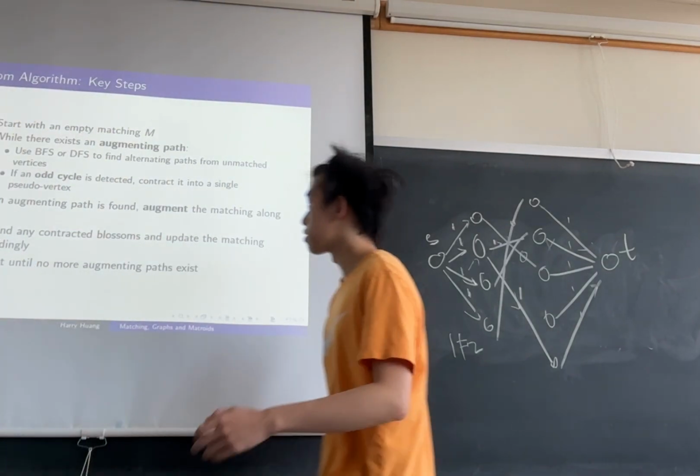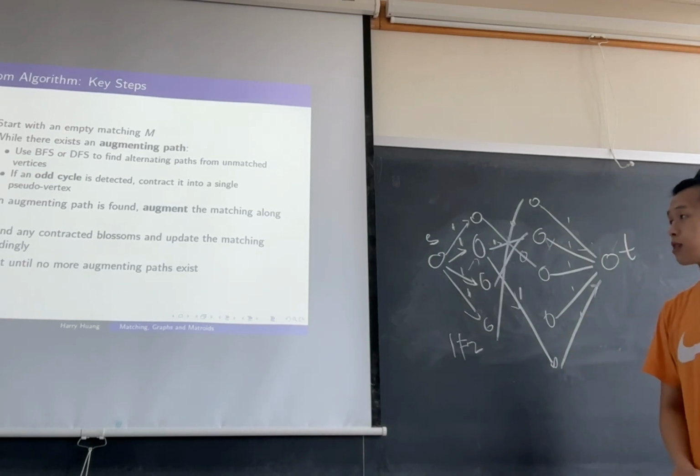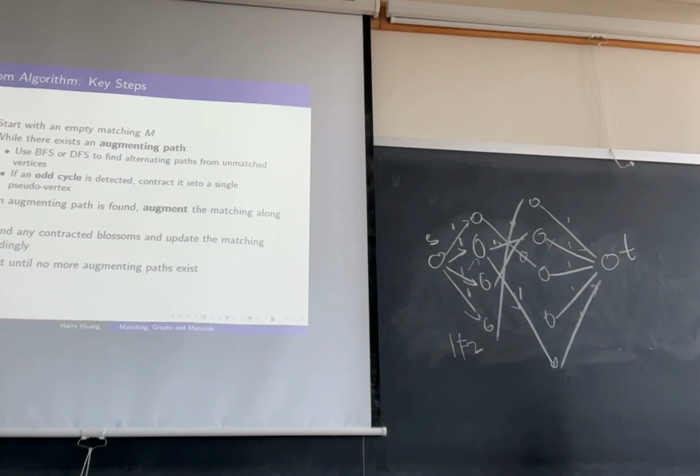So these are the detailed steps for the blossom algorithm. It starts with an empty matching, an empty collection of edges, and it keeps finding augmenting paths. To find augmenting paths, you can use breadth first search or depth first search. It can find either augmenting paths or odd cycles. If we detect an odd cycle, we shrink the odd cycle to a single point.